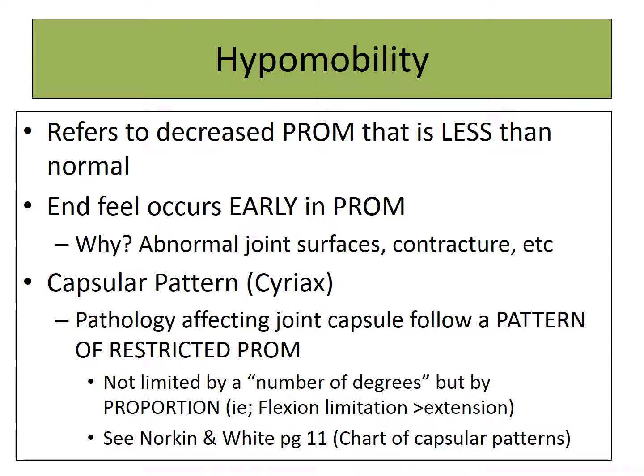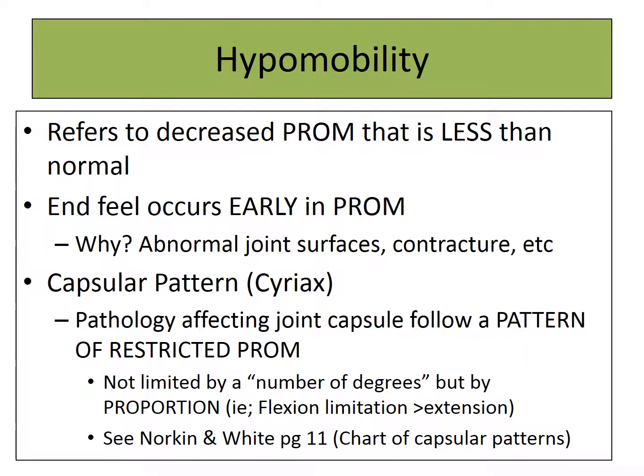There is what we call a capsular pattern, and that was created by Cyriax, showing that the joint capsule itself is the pathology and the reason why the joint range of motion is limited. What was determined by Cyriax is that there is a pattern. So if the joint capsule is the pathology, there is a pattern of restriction.